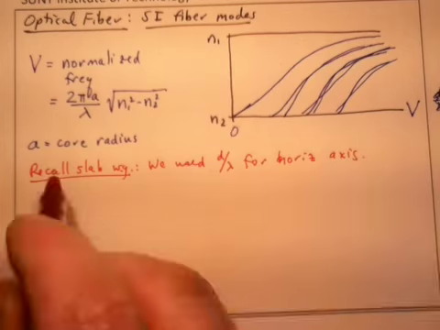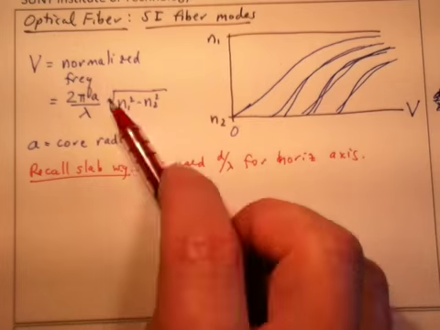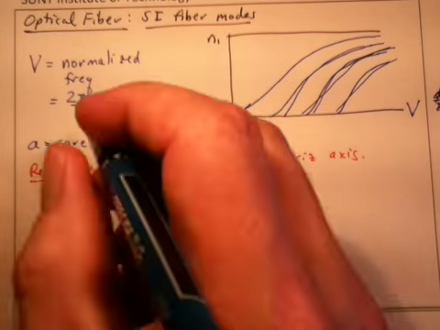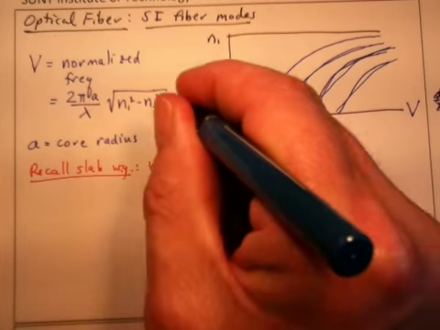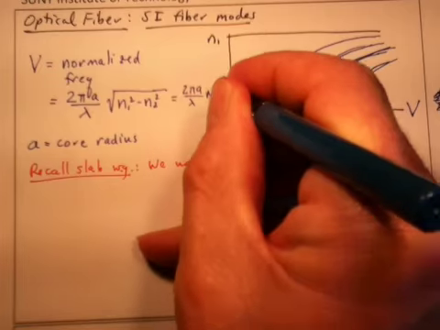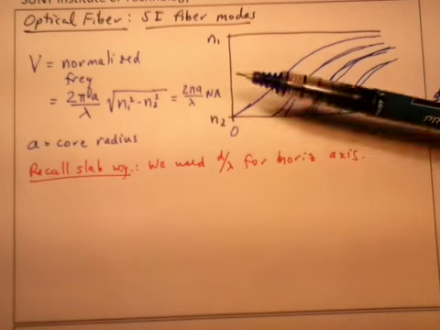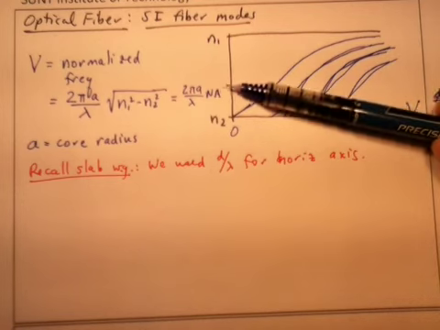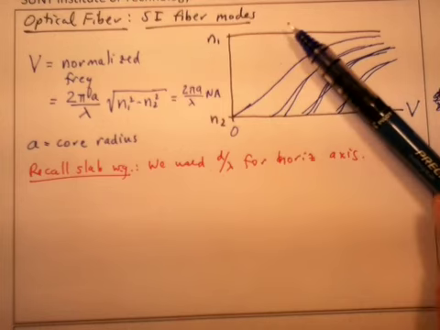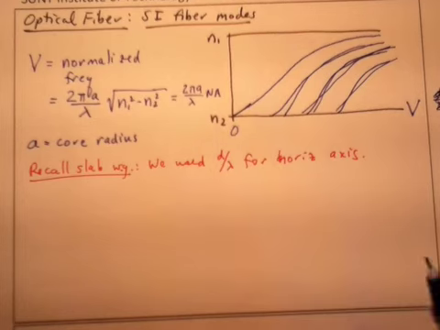So this is a lot like d over lambda, except it's a over lambda, and it has a 2 pi and a square root of n1 squared minus n2 squared. In fact, that quantity is the numerical aperture, so this is 2 pi a over lambda times NA. And it turns out that you can use this variable and have a single plot that works for all step index fibers with core index n1 and cladding index n2.